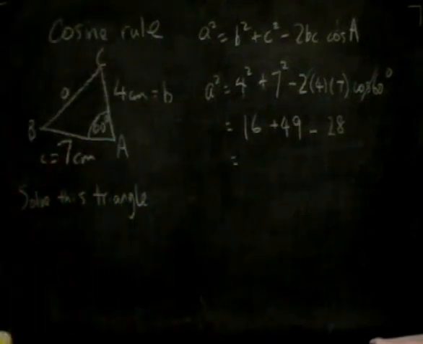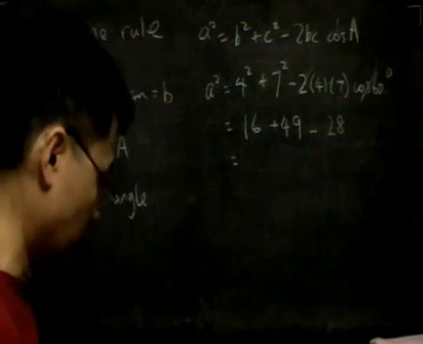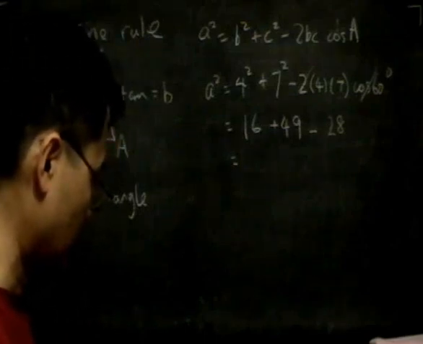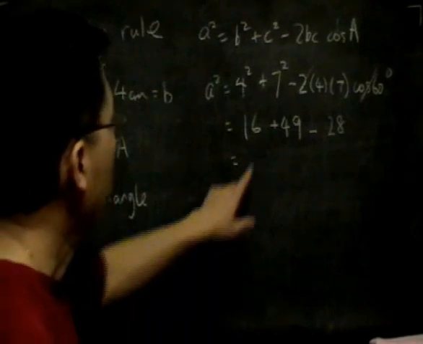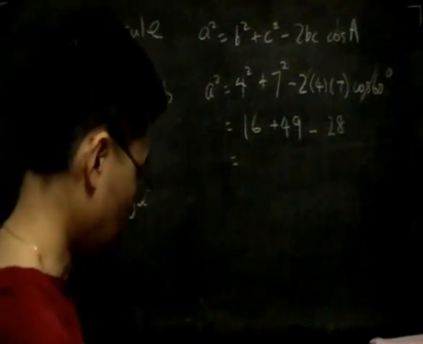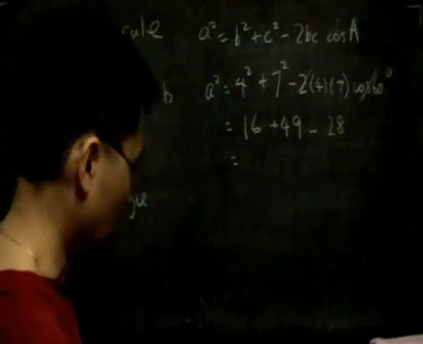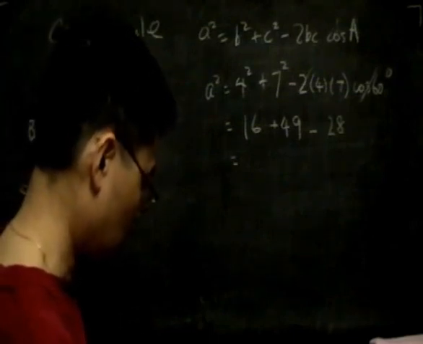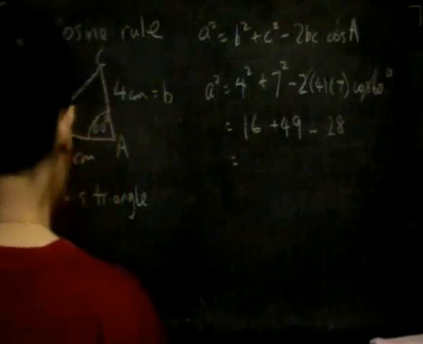Right, so I'm going to take out my calculator now. We'll calculate that. 16 plus 49 minus 28, that's 37.